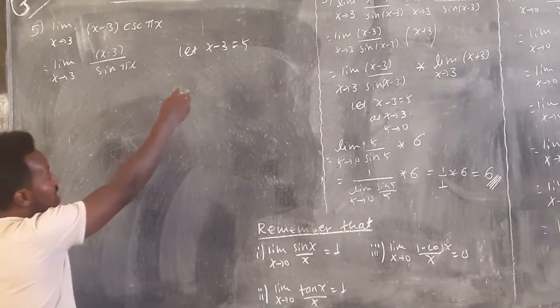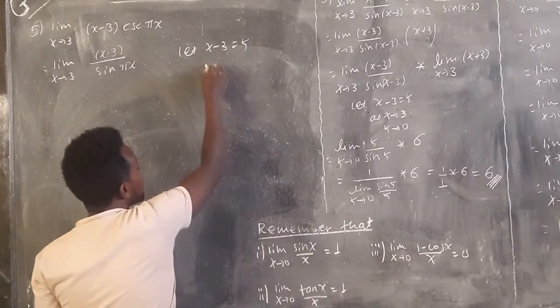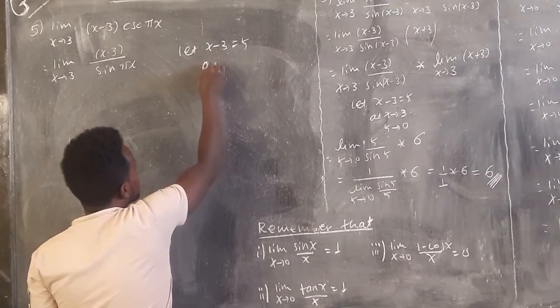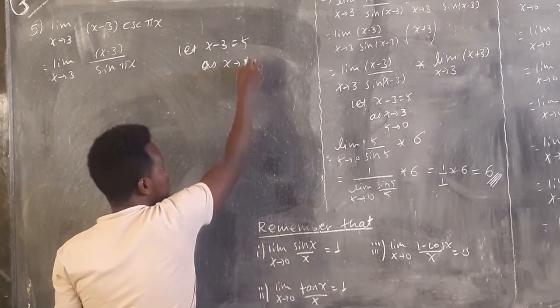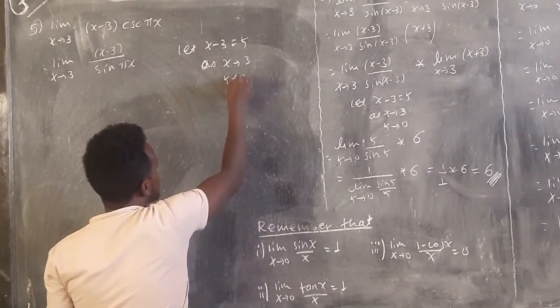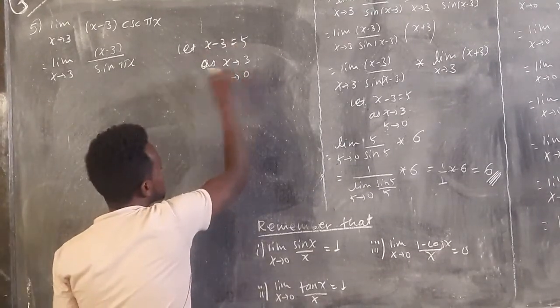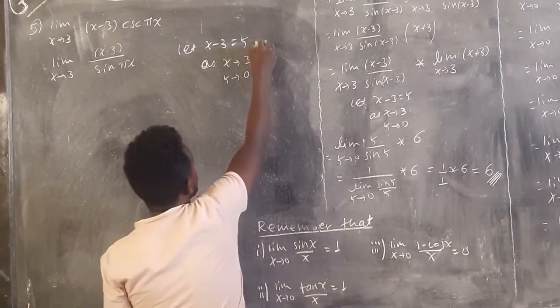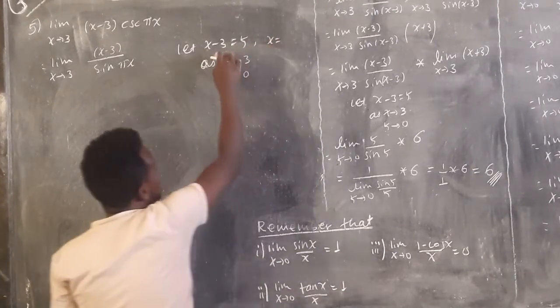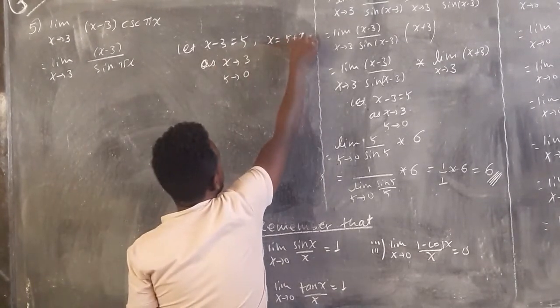So in the given problem, let x minus 3 be y. As x approaches 3, y goes to 0, since 3 minus 3 is 0. And the value of x over here is y plus 3, if we shift negative 3 to the right hand side.